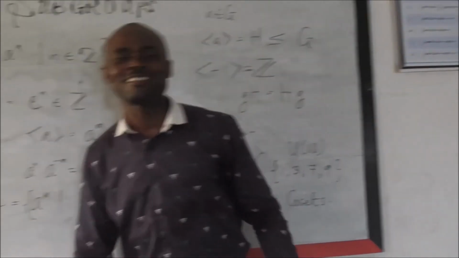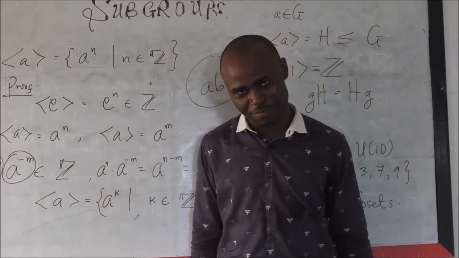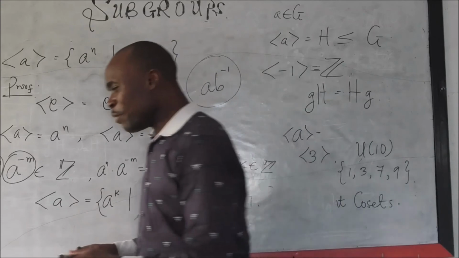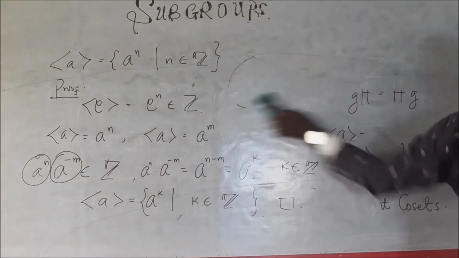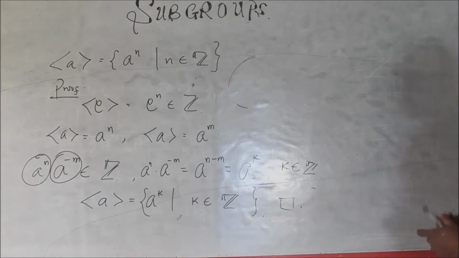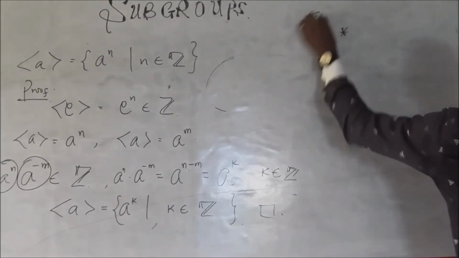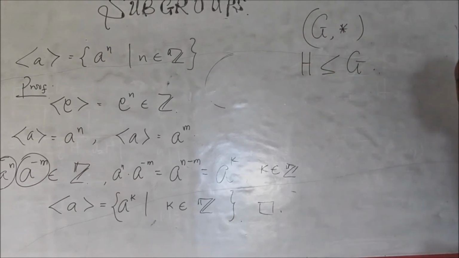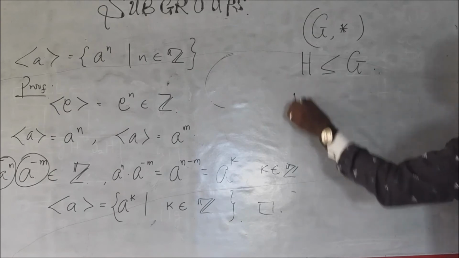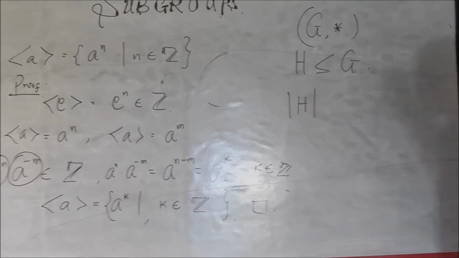Finally, I round up with this, and it's with respect to the powerful mathematician called Lagrange. This is Lagrange's theorem for you: whenever we have G, which is the group itself, and H, which is a subgroup of G, then Lagrange's theorem is telling you that the order of H divides the order of G. Remember I talked about what we mean by the order of a group and the order of a subgroup.